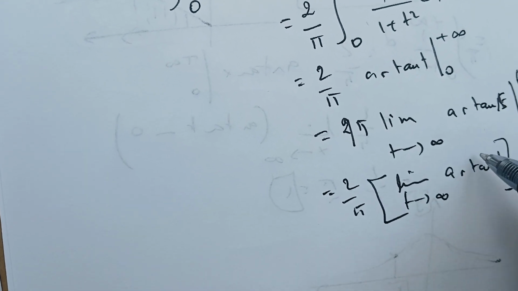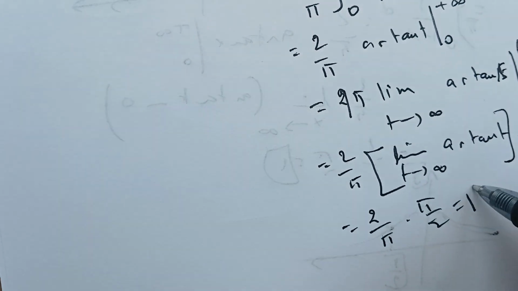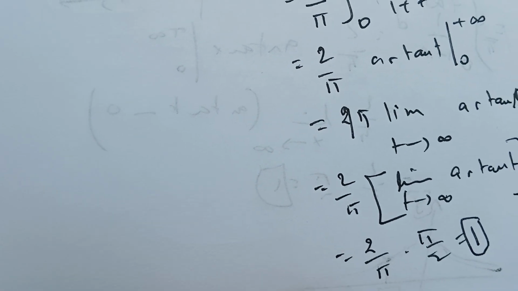Here I know that limit is pi over 2. So I have 2 over pi times pi over 2, which is 1. So this is definitely a probability density function.